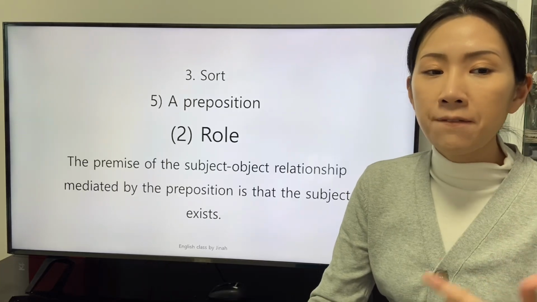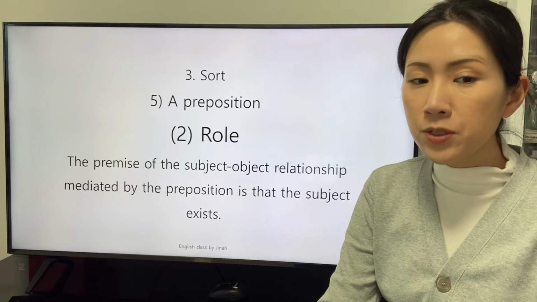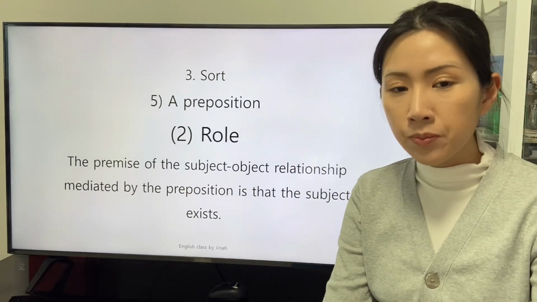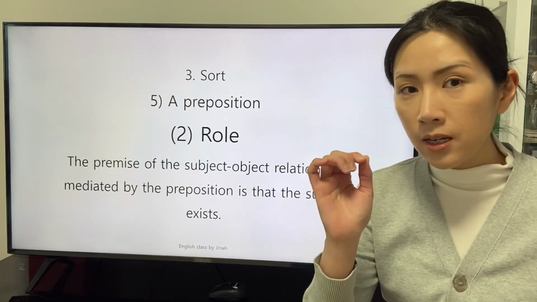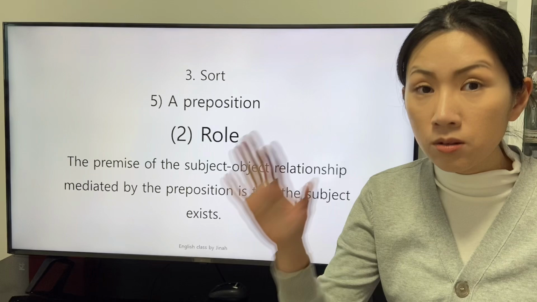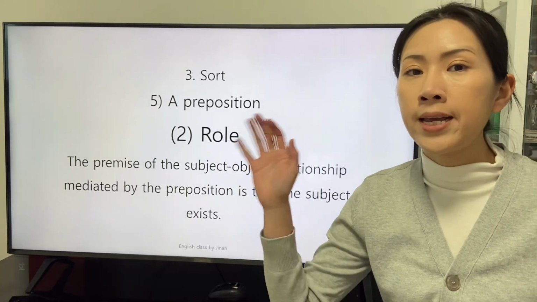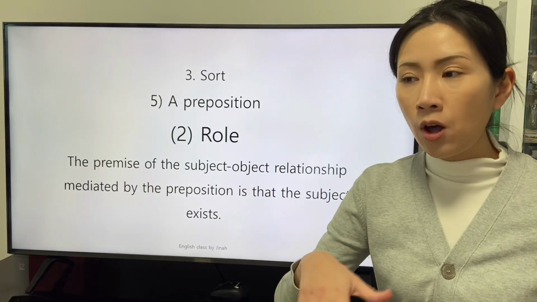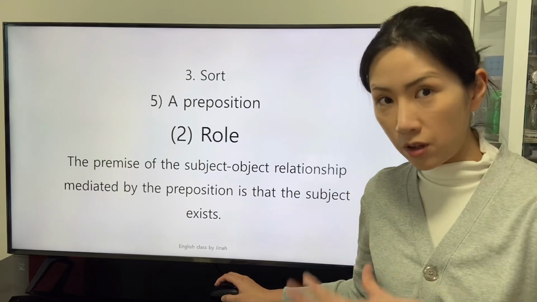The premise of the subject-object relationship mediated by the preposition is that the subject exists. The fact that the subject is stated in a clause means that the subject already exists. We checked the agreed premise for a clause.